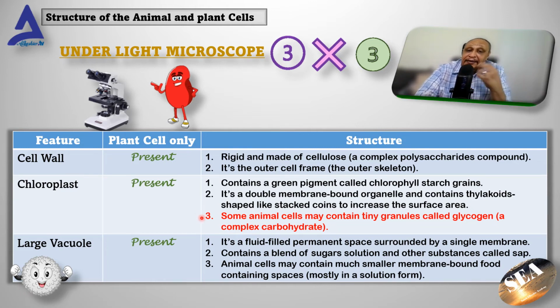It contains a blend, a mixture of sugars and other substances, called sap. Animal cells may contain much smaller membrane-bound spaces, mostly containing food solutions.